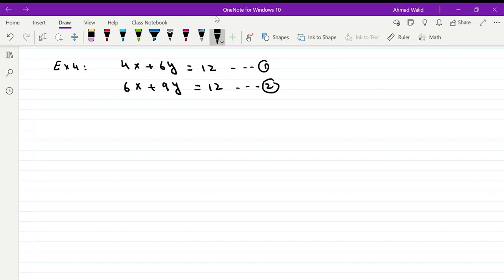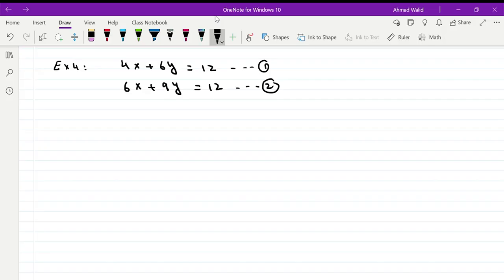You see, here you have 4x, here you have 6x. Here you have 6y, here you have 9y. It's not the way that you only multiply one equation. Sometimes you need both equations to multiply with numbers so that the coefficients become equal with opposite sign to each other. Actually you are looking for the LCM between the coefficients.